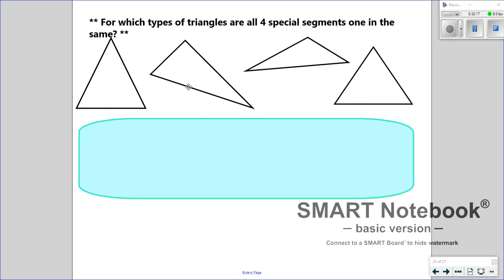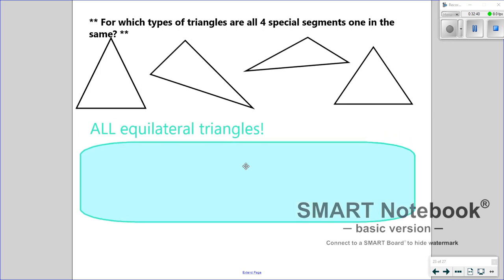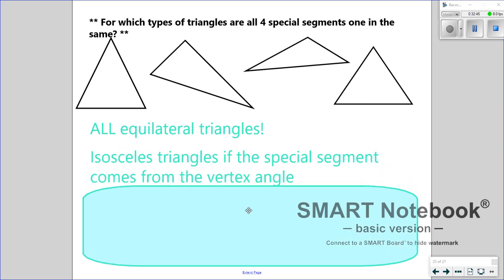So if you think about it, we learned about perpendicular bisector, angle bisector, median, and also the last one, the altitude. So we're looking for a triangle or triangles that will have all those segments work out for it. And the 2 types are equilateral triangles and isosceles triangles.